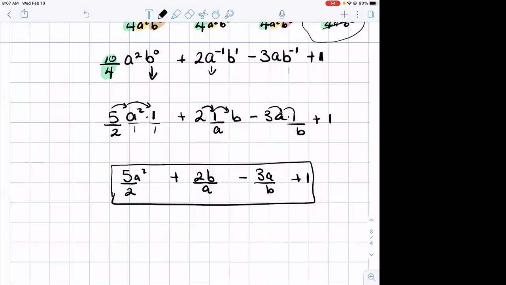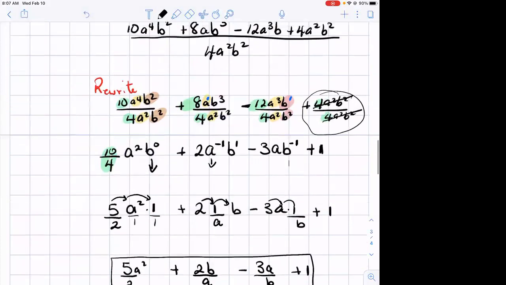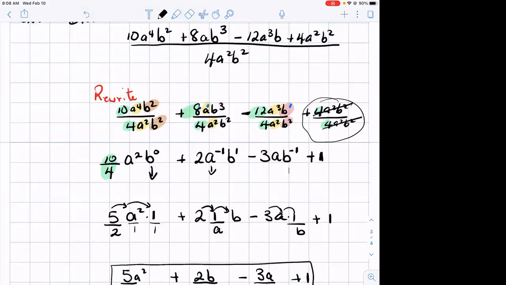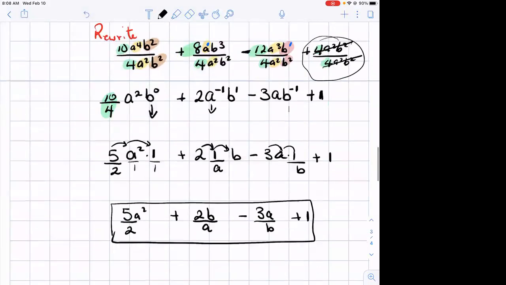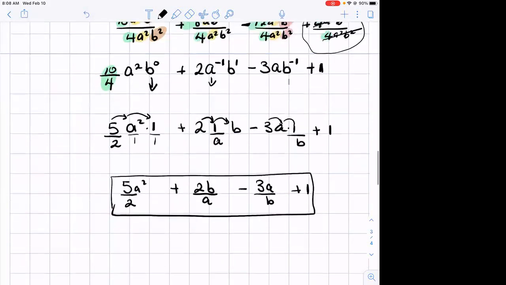So I just want to point out to you here that the final answer, although you're dividing polynomials, is not a polynomial, right? So this is not a polynomial because, and you will probably see it from this step here, the final answer is not a polynomial because remember that polynomials must only have positive powers.